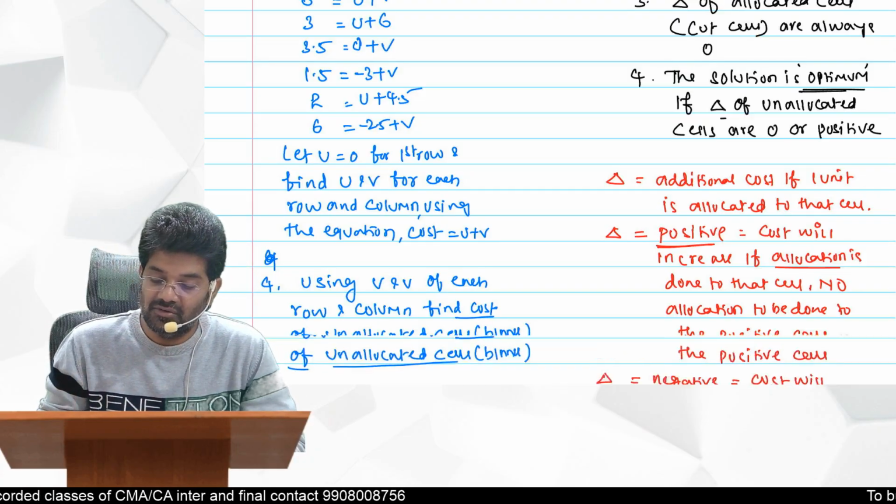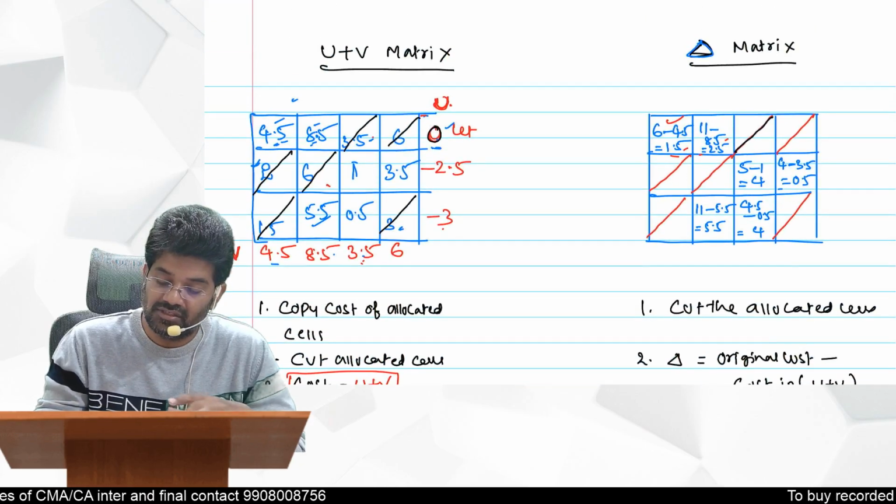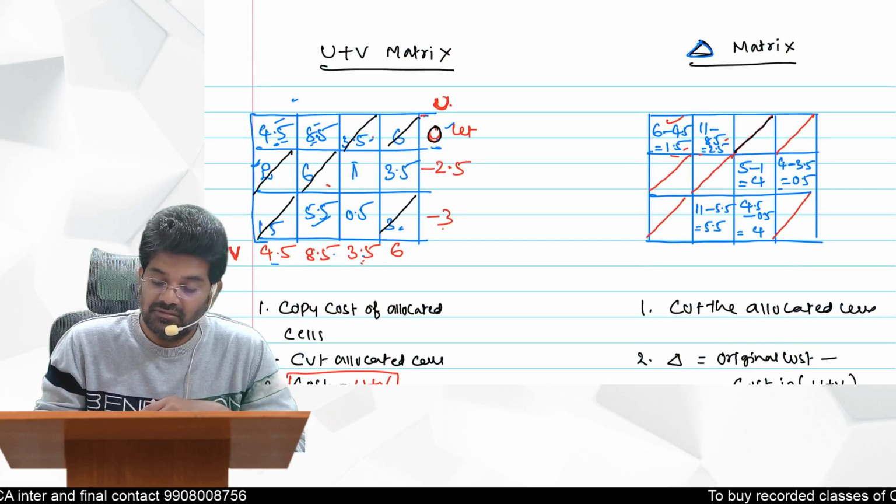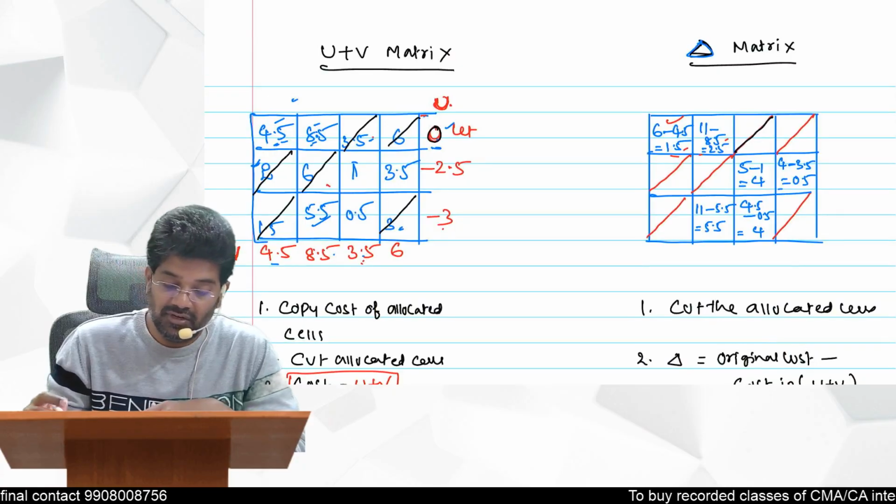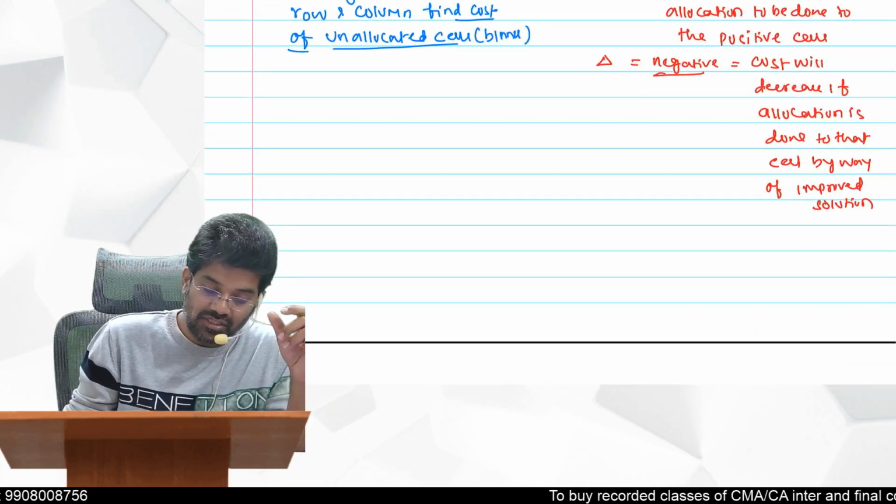So in this case now, since we got all our change values either positive or 0 only, all allocated cells are 0 only now. So what is the solution?